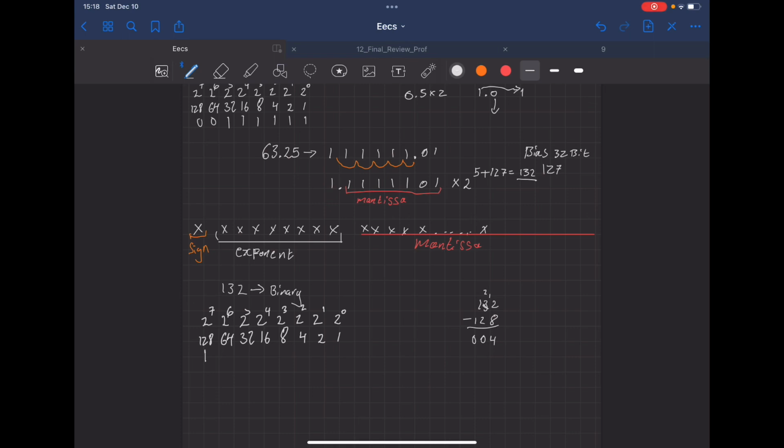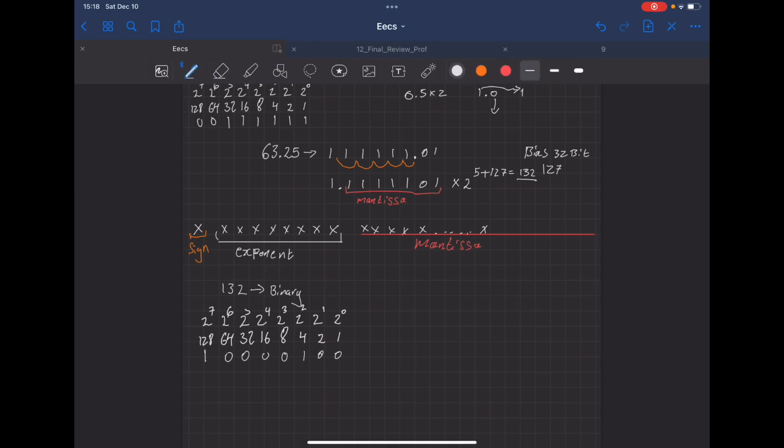Is it actually 4? Let me just make sure with the calculator. It's like this on exams, to be honest. 128, yeah, it is 4. Awesome. So there's a 4 there, and then we're going to have some zeros in between, and 2 more zeros at the end, and that's our full 8-bit representation of 132.